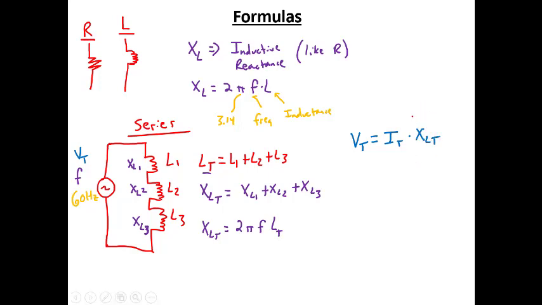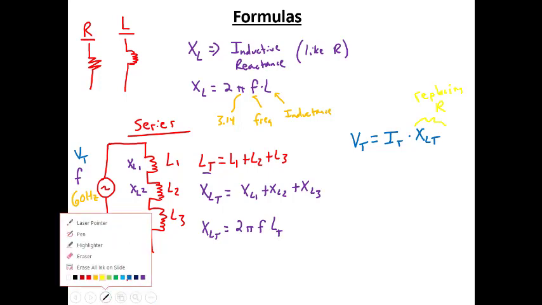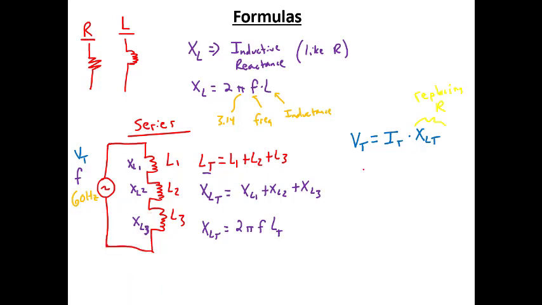So we'll notice here that in our Ohm's law formulas, X sub L is replacing R. So when we have our Ohm's law wheel, we can put X sub L in for R for our formulas. Now this means that if we're trying to find the current, I total, that would equal V total divided by X sub L total, and X sub L total will equal V total divided by I total.